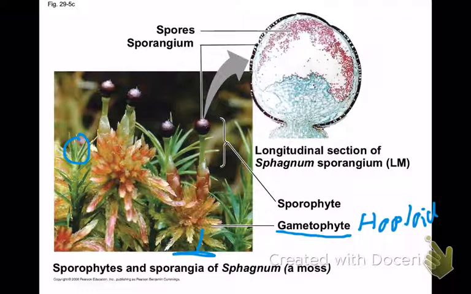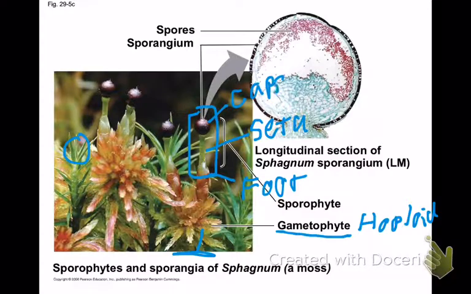Okay, and then after fertilization of the egg cell, you will form a sporophyte, which is this structure here, which has at the base a foot, then a stalk-like structure called the seta, and then finally the capsule. Okay, and in the capsule, cells are going to undergo meiosis to form spores.